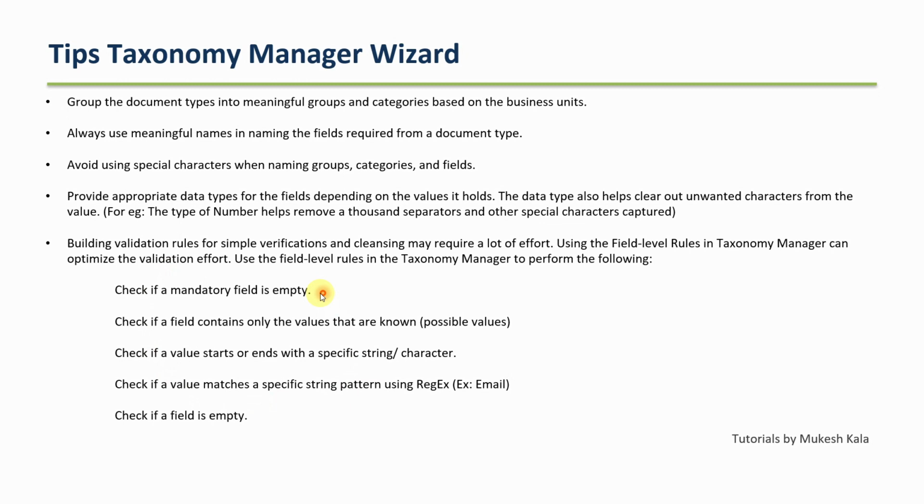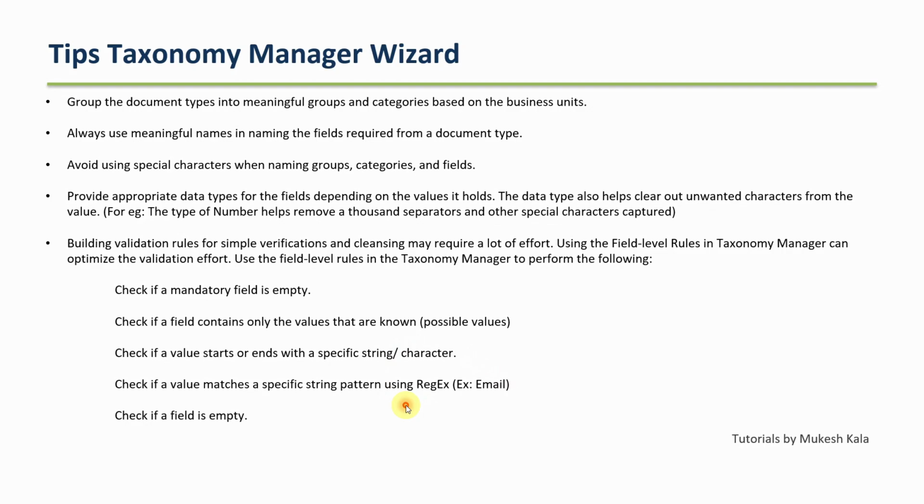It simply means you can check something like this: if it is an invoice, check if the invoice number is mandatory. Check if it starts or ends with a specific character. If you are trying to extract an email, you can apply a regular expression and check whether the email is correct or not. So that means in my taxonomy manager itself I can have this validation.